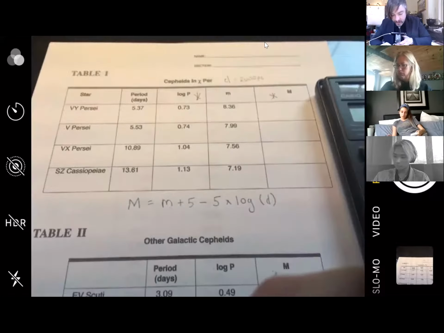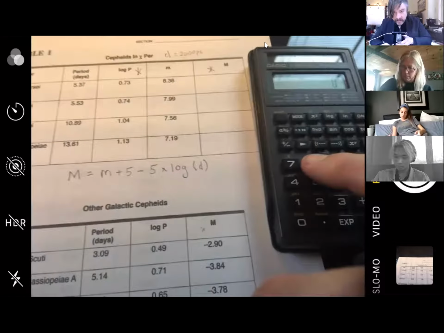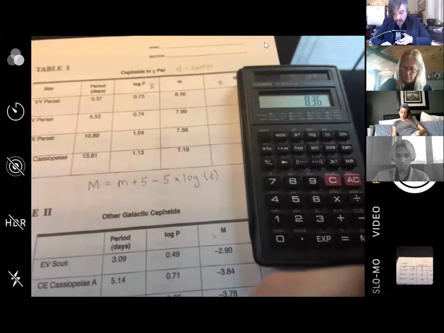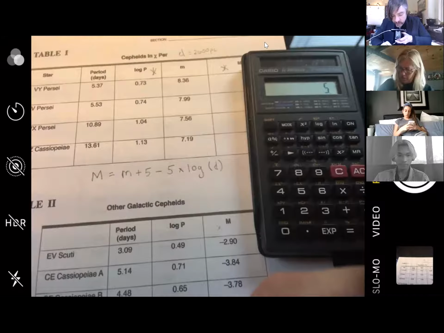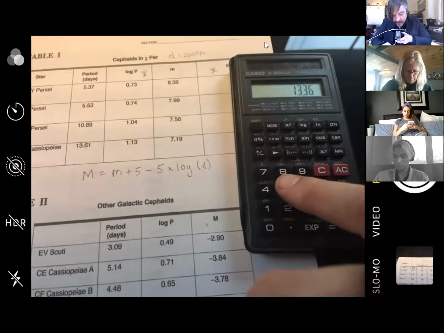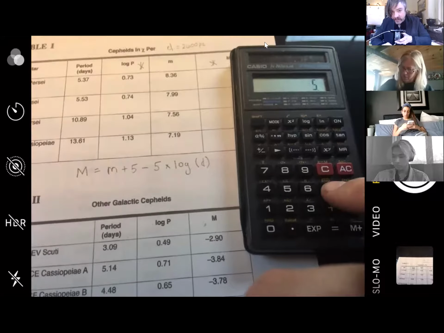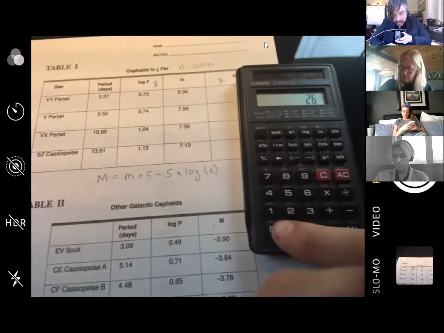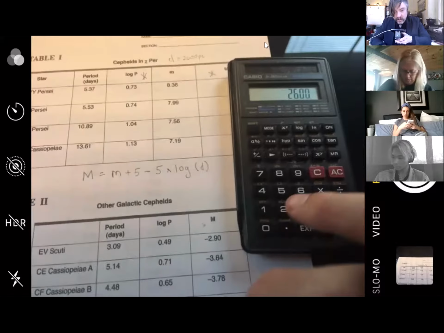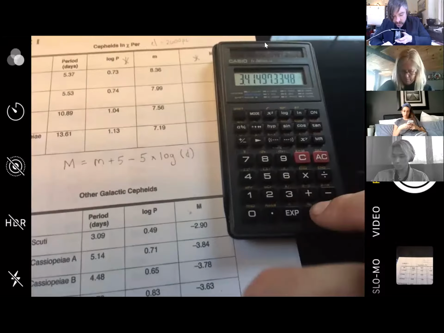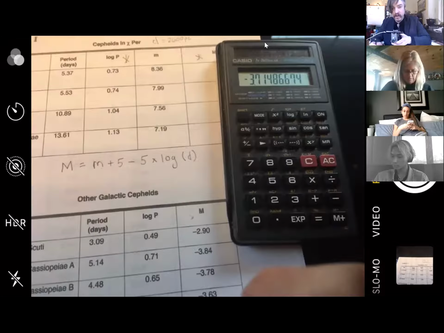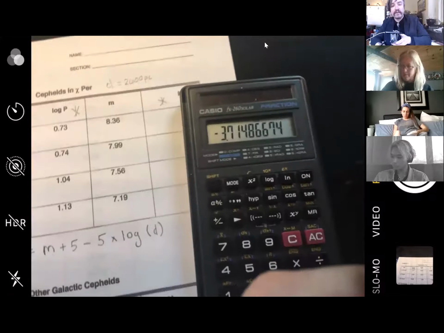So we start with our apparent magnitude, 8.36. Then we do plus 5. Then we do minus 5 times, and here we get weird. We put in the distance first, 2,600. Then we do the log of that. And since we already hit the times, we hit equals. Our first absolute magnitude is negative 3.71.